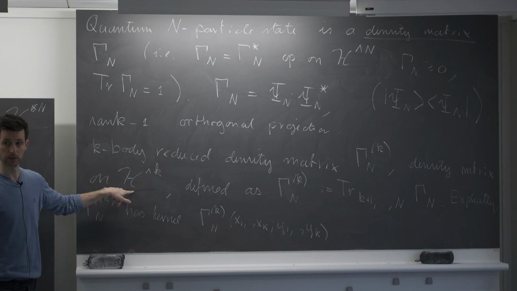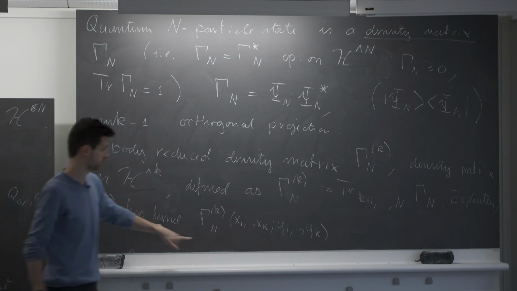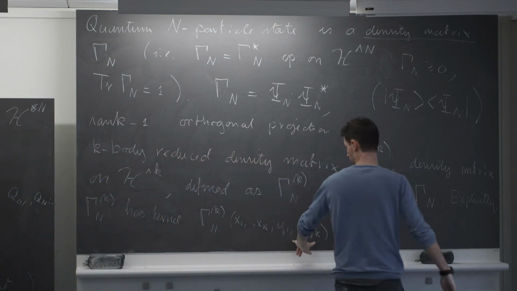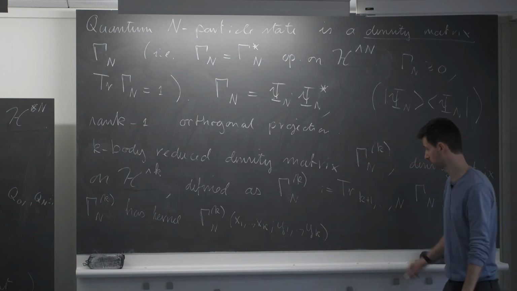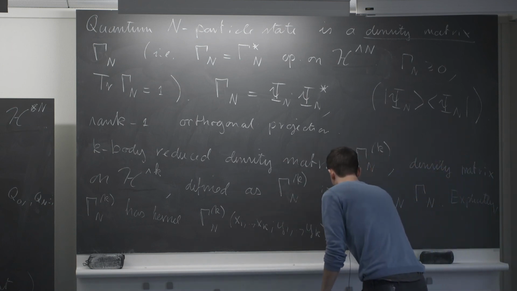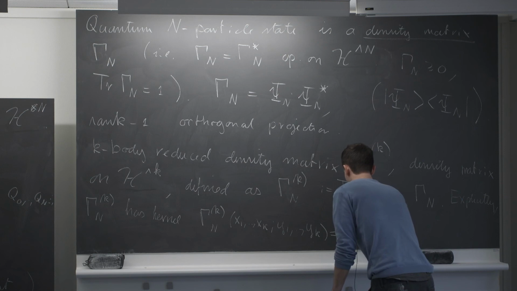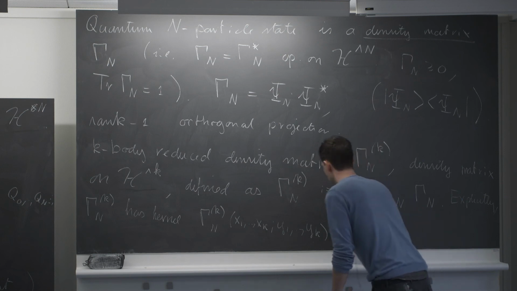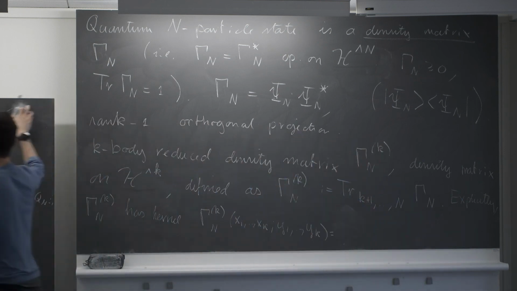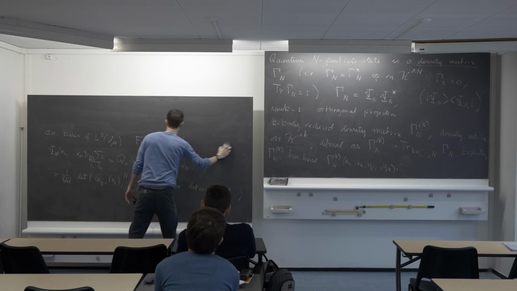So if I take a kernel, I need two sets of such variables, right? That's what the kernel is going to be. And this is nothing but the integral. You will see it's very analogous to this correlation function we had for probability measures.